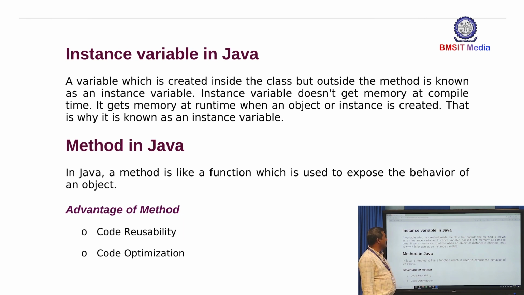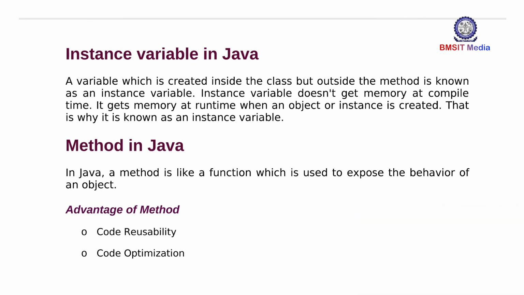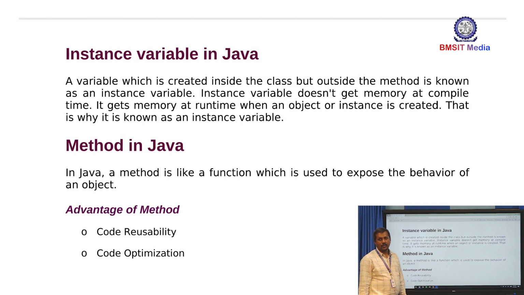An instance variable does not get memory at compile time. Whenever we compile the program, after creation of the variable, at the time of compilation, the instance variable won't get the memory. It gets the memory at runtime. If I create the variable, it does not mean that memory is allocated at the time of creation.